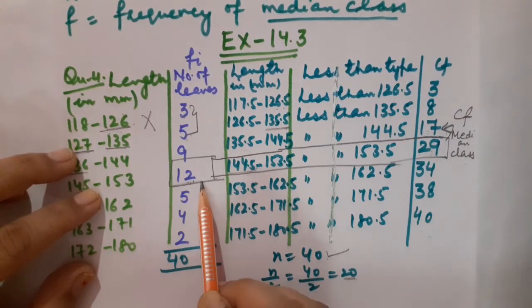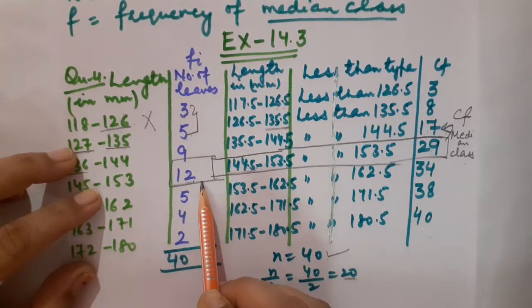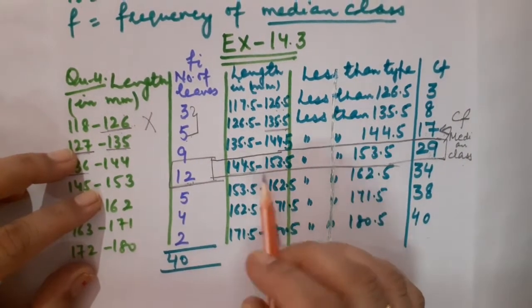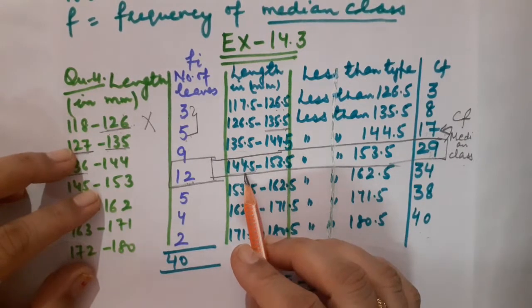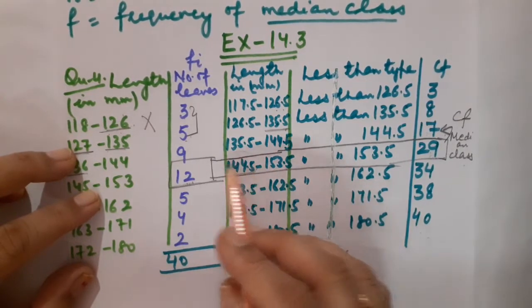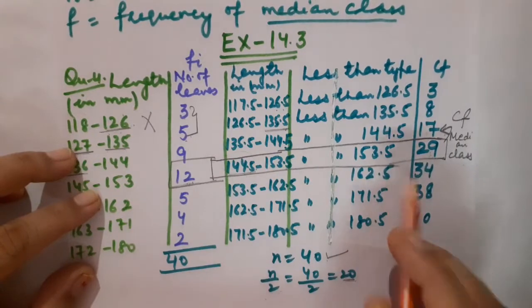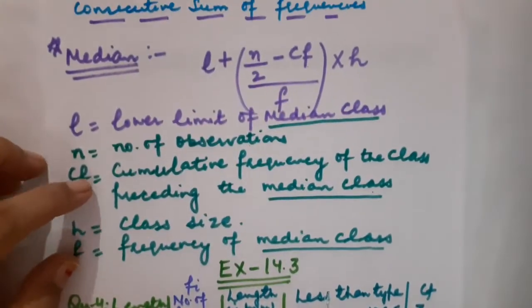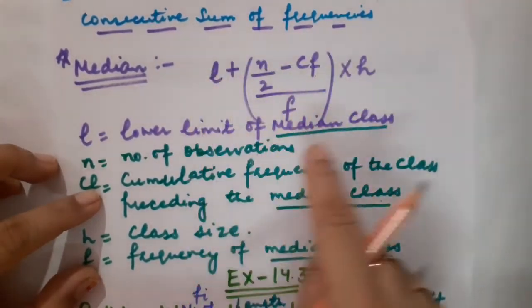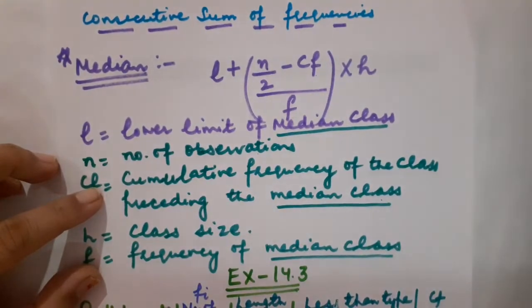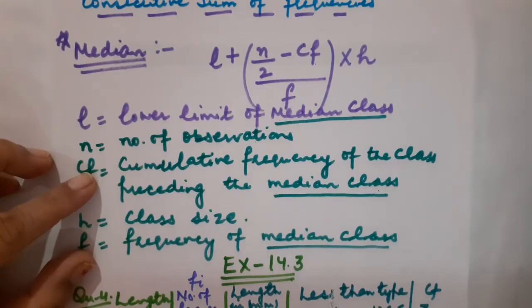So here the frequency is 12. And L is the lower limit of the same class interval chosen as the median class. Got it? So this is the formula to calculate the median using a cumulative frequency distribution table of less than type only.